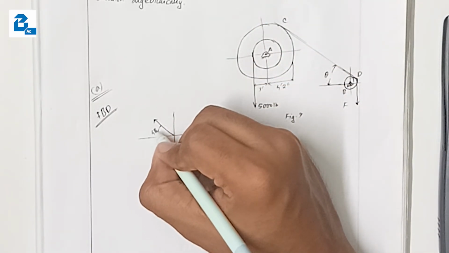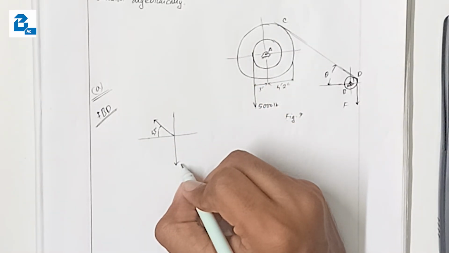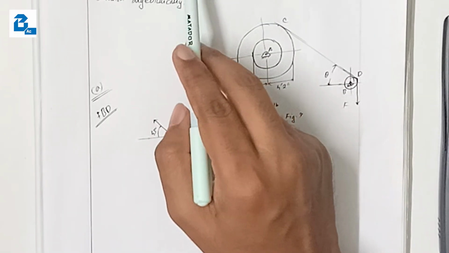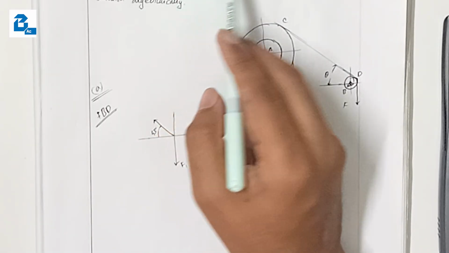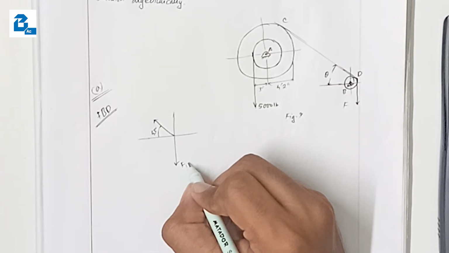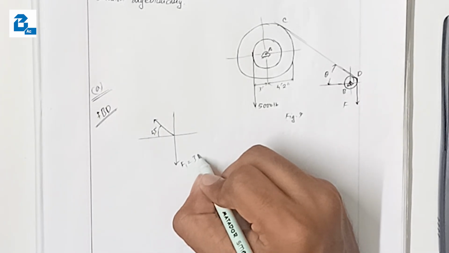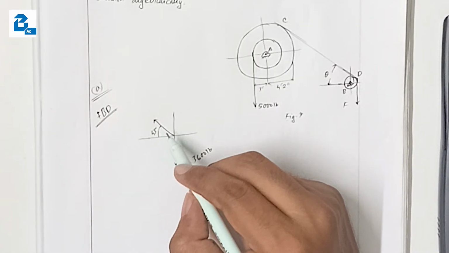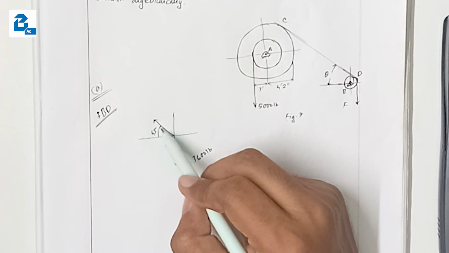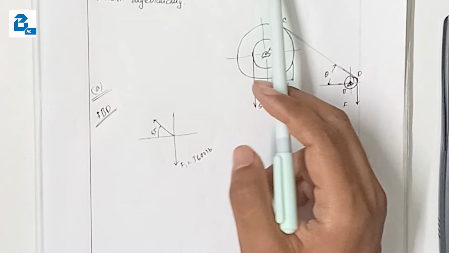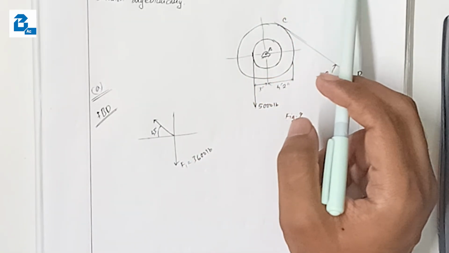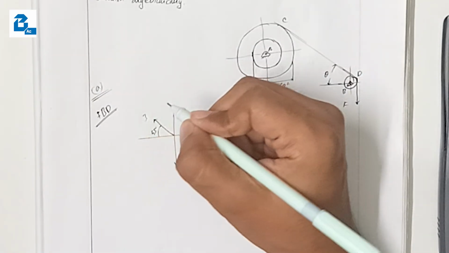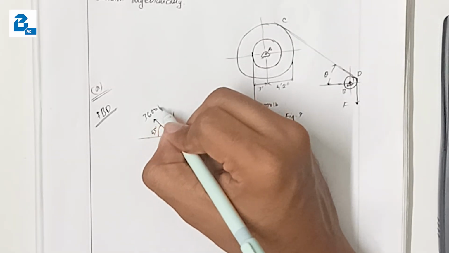So we get this as 45 degree. Let's say F is equal to F1, which in the question is 3600 pound. And then the tension in the cable, which is CD, in the question is 3600 pound also. So we will write it down here as 3600 pound.